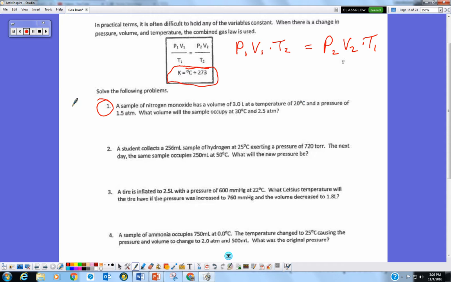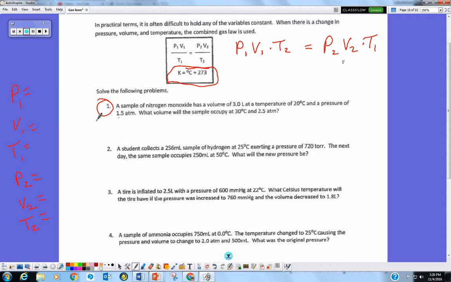So let's go ahead, isolate our givens. So we have a P1, V1, T1, P2, V2, T2. So we want to know what's our unknown, what's our givens. Go ahead and pull those out.